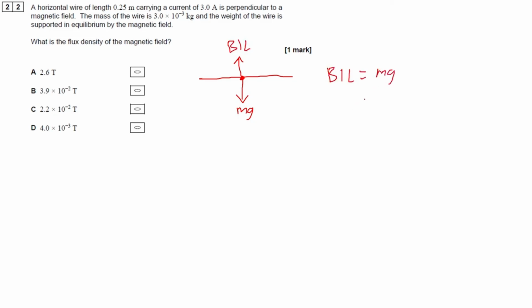The forces must be equal in size, and therefore B is equal to mg over I times L. They've given us the mass of the wire. g is just 9.8. I is the current, which is given to us here as well, 3 amps, and the length of the wire is 0.25. You put these numbers in and you get a flux density of 0.039. So that matches with B as the answer.